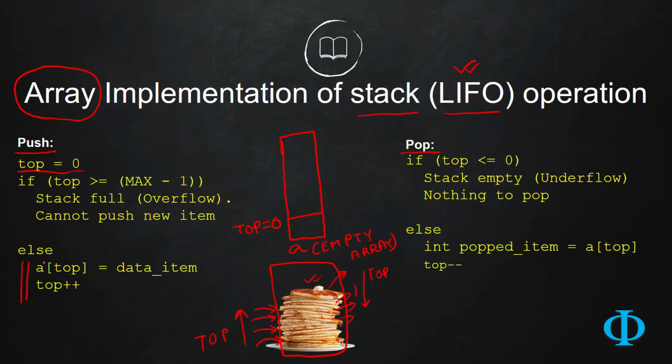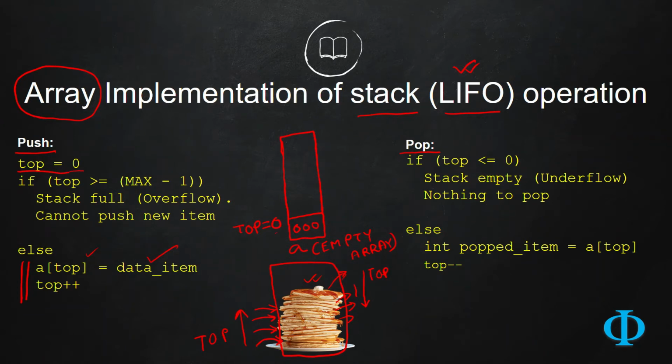Now if we want to push an item, you can see that in the else part, you have to put the data item first. That means you are putting your pancake first. Let's say I want to put an integer called 000 in this place. It can be any data item, a floating point number, a character, whatever it is. I am just using 000 for easy understanding and resemblance with index 0.